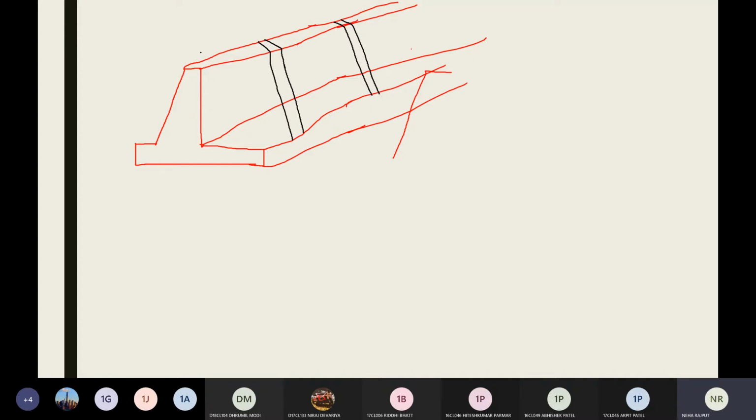Right, and loads are acting. Loads are acting like lateral pressure, here are the backfill, and due to backfill loads are acting, and this will behave like this, as I explained in last lecture, like this.